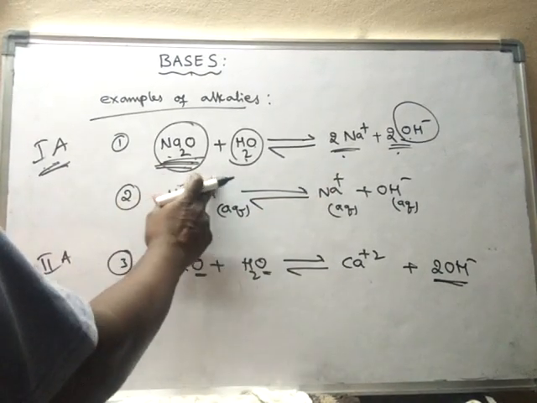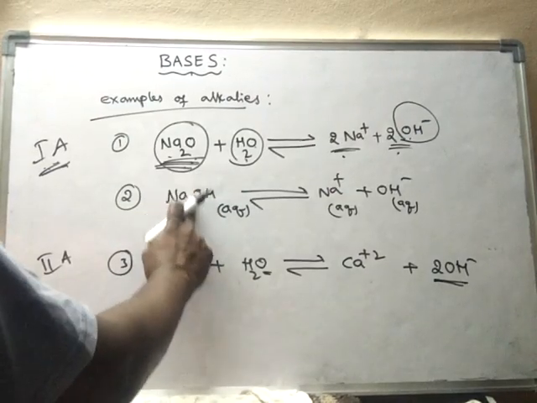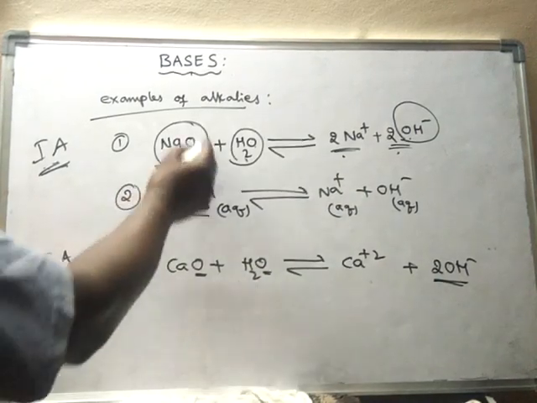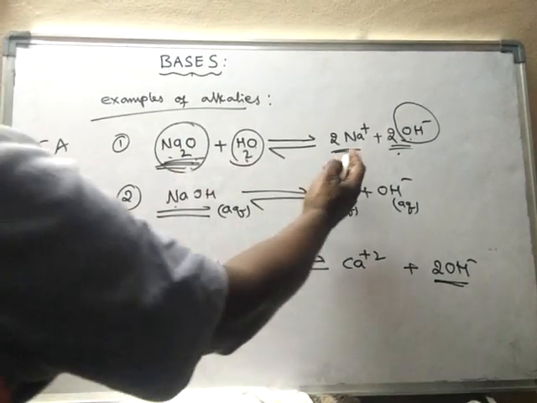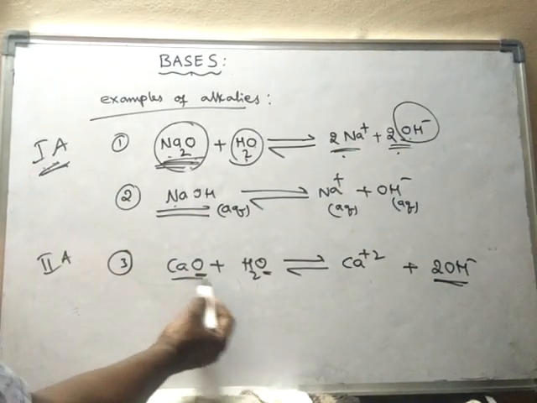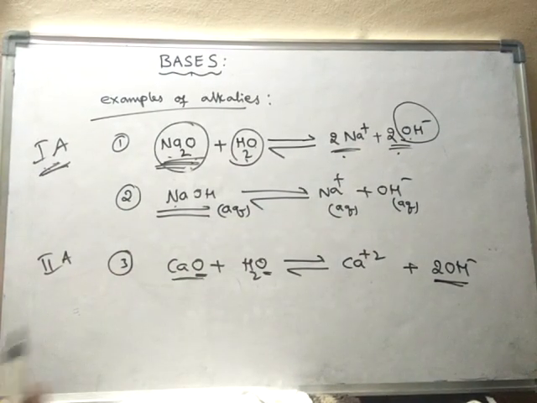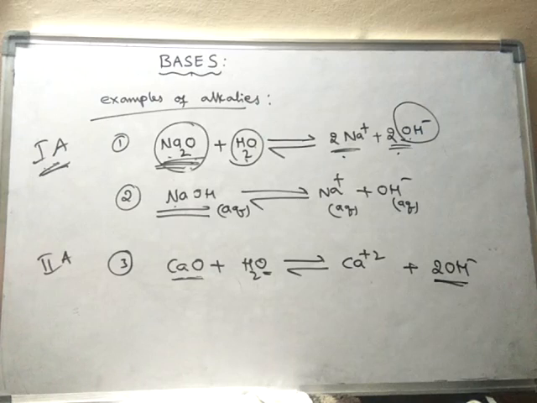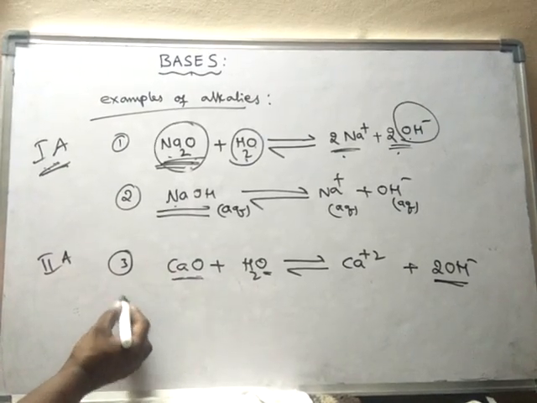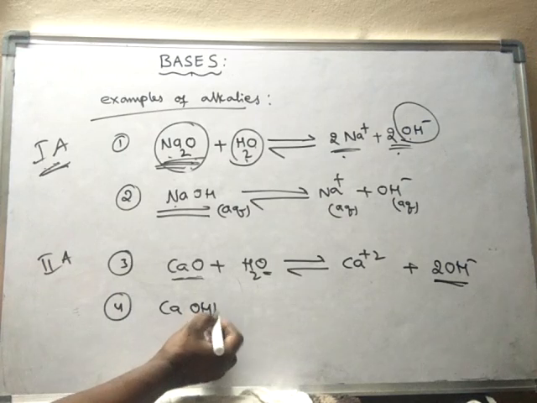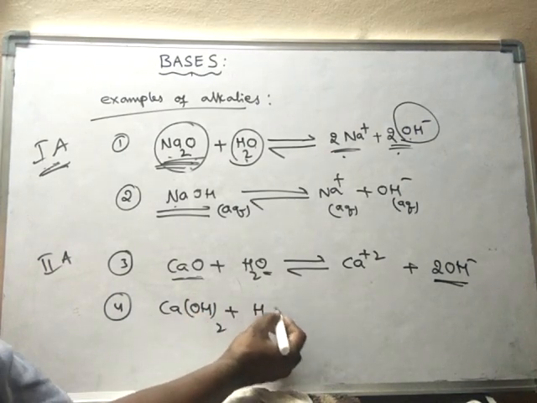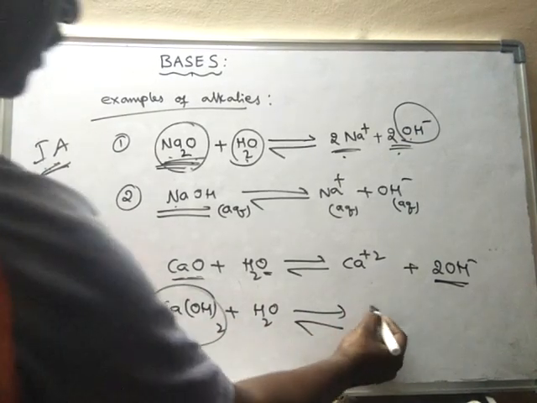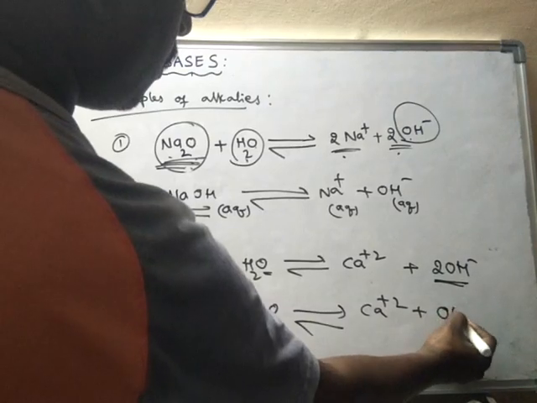Actually these bases are not in ionic form, but when dissolved in water they form ions like this. And even hydroxides of second A group, if I take calcium hydroxide, when dissolved in water it simply breaks down into calcium ions and OH minus ions.